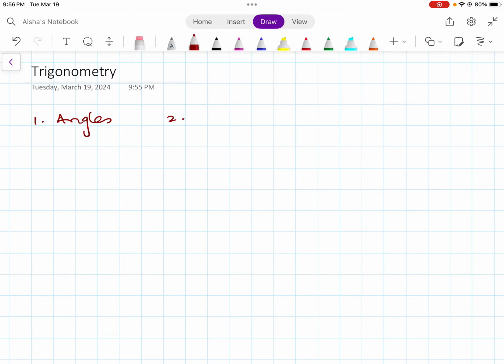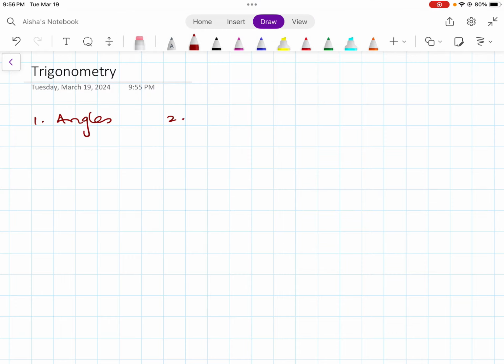Okay, so for angles, the first thing that you need to know is what are the signs in each quadrant. This is called the first quadrant, second quadrant, third quadrant, and this is called the fourth quadrant. Over here, sine is positive, cos is also positive, tan is positive.